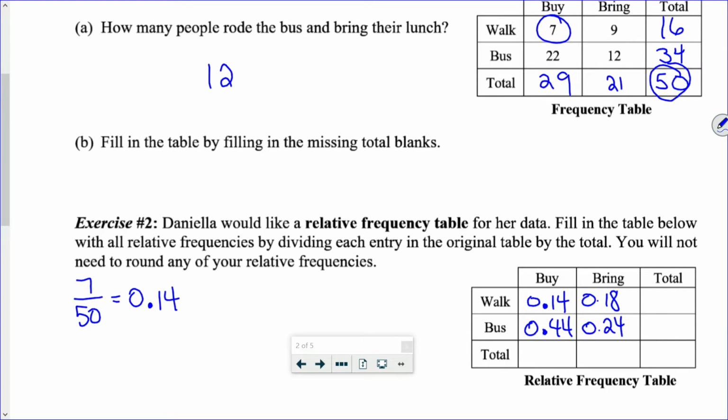So 16 divided by 50 is 0.32. 34 divided by 50 is 0.68. 29 divided by 50 is 0.58. The zeros on all of those aren't that important. 21 divided by 50 is 0.42. And 50 divided by 50 is equal to 1, but I'm going to write it as 1.00.